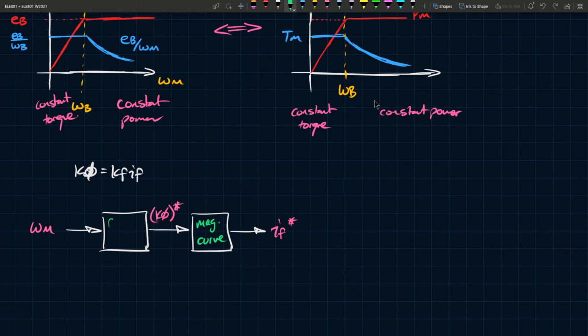And this would be the field weakening profile that you need, right? Based on these, you'd be able to determine what your kφ should be. If you're assuming that it's linear, the magnetization curve can be replaced by 1 over kf, just a constant block, because if you assume a linear relationship, you don't need to program an entire curve in there.